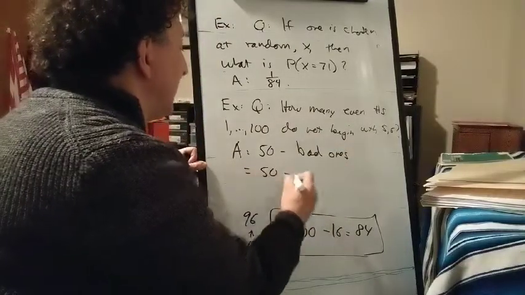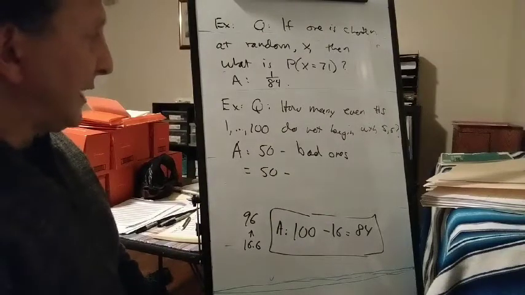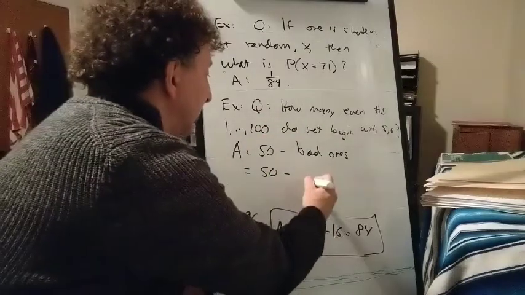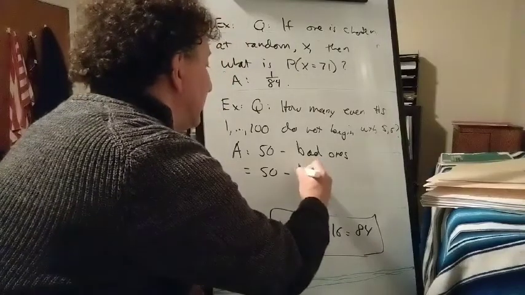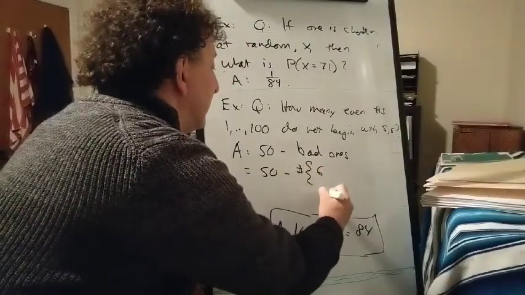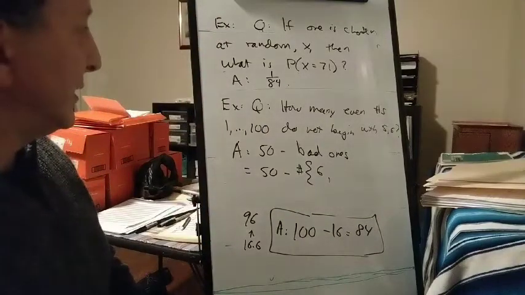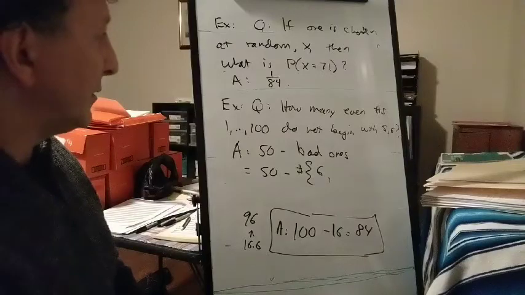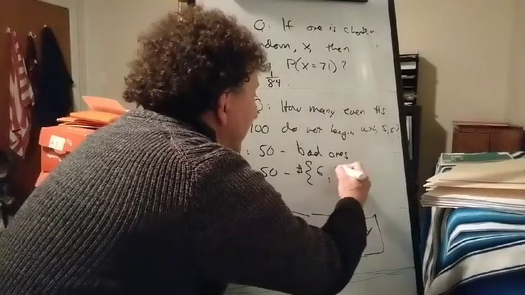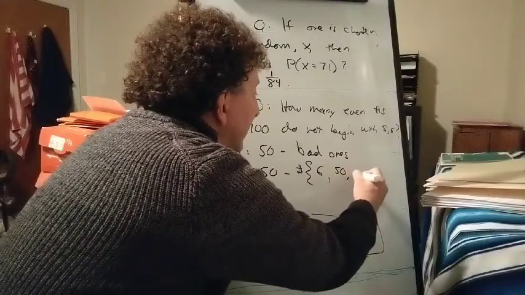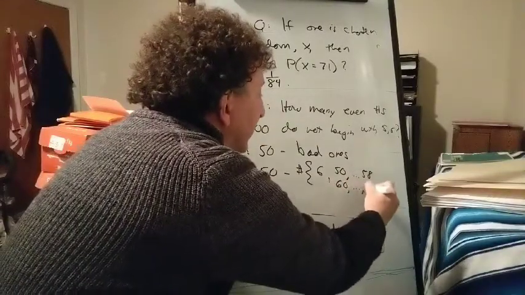Which is 50 minus, so from 1 to 10 there's 6. And then from 50 up to 58, and then 60 up to 68.